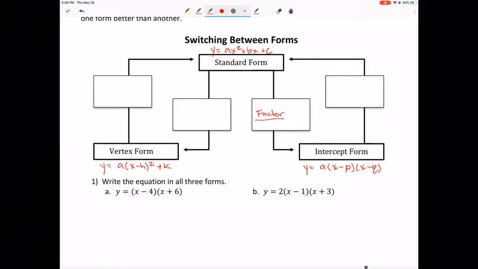All right, we've talked about factoring the last 2 units. So if you have any problems with factoring, make sure you come and talk to me about that. All right, and we will do examples of doing all of these.